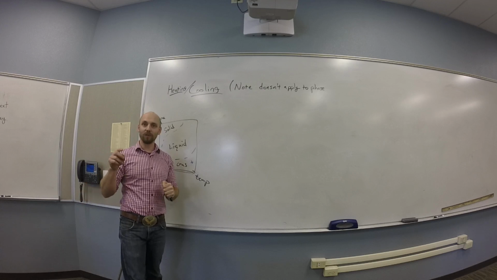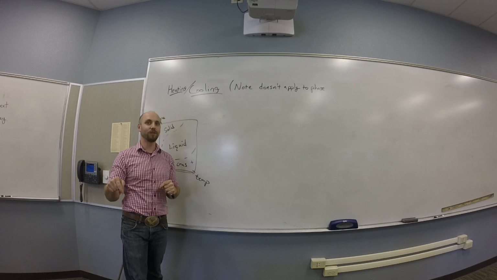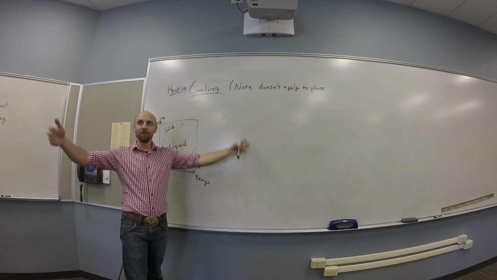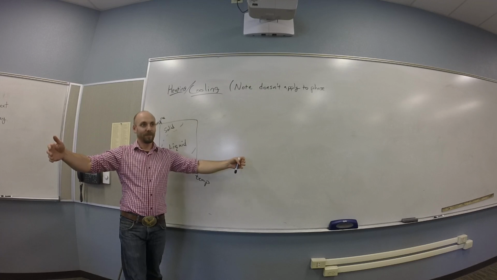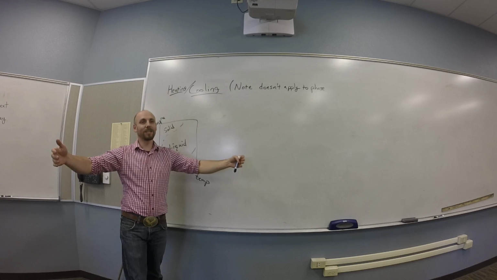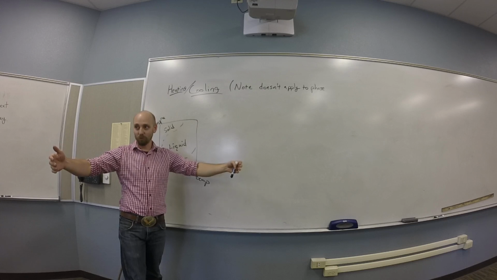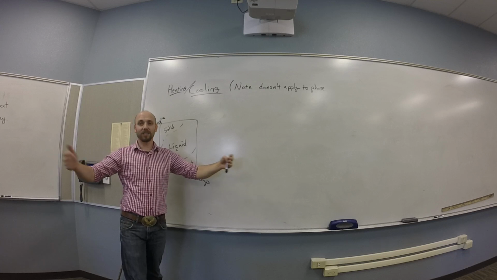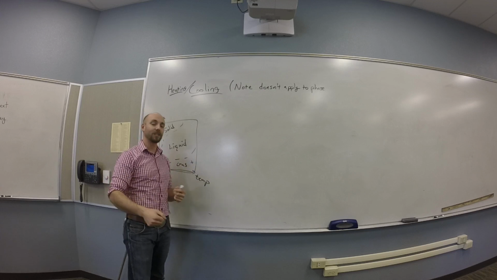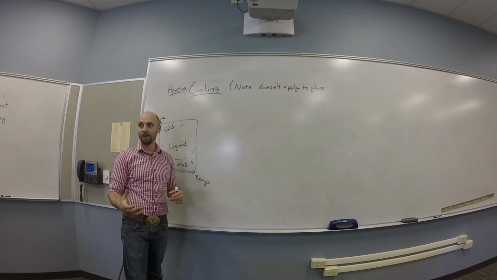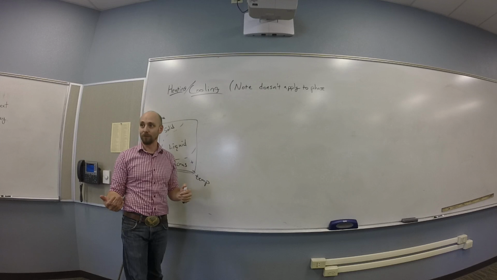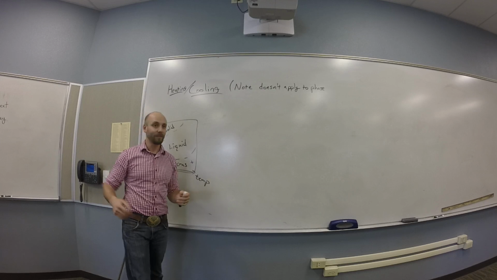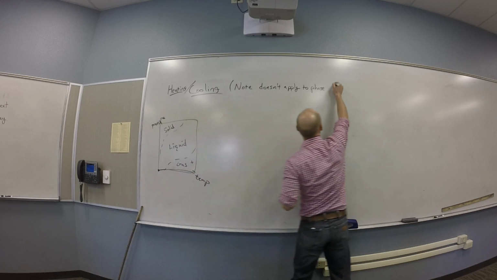Please note, we talked about this at the beginning of the semester, it also doesn't work if you bring a cubic meter of liquid lead into this room, because it's going to heat this room to the point where the ambient is going to change. This assumes a stationary ambient. Your cup of coffee is not warming up the room as a whole, but if you brought in 1,000 gallons of coffee in here, it might appreciably warm up the room. So, it doesn't apply to phase change.